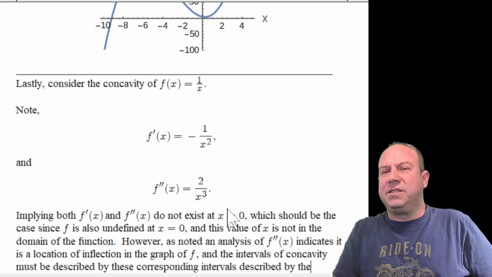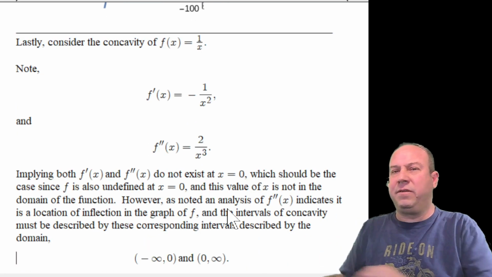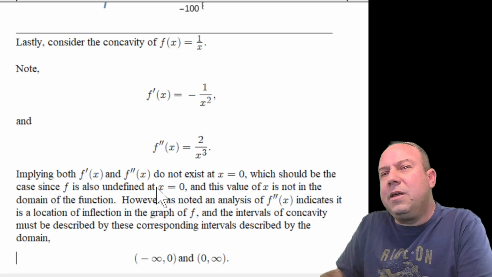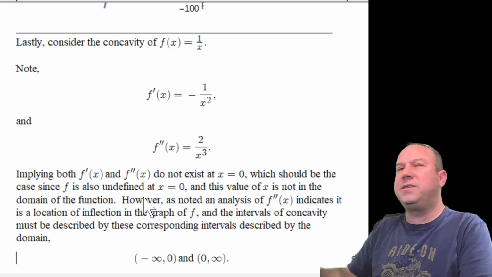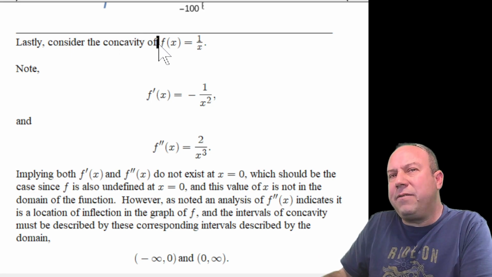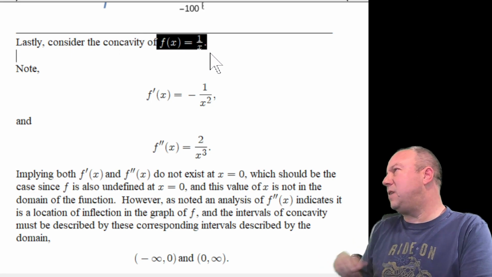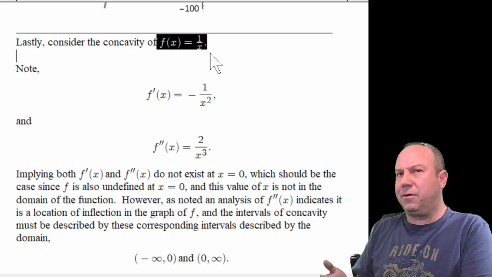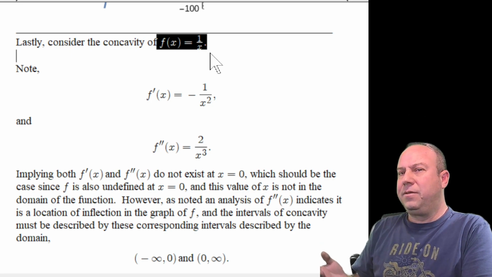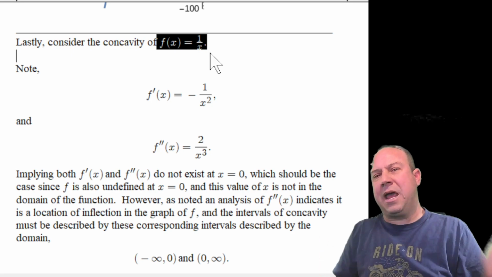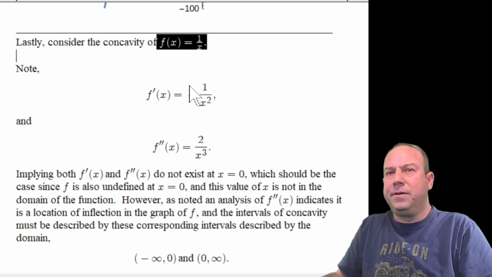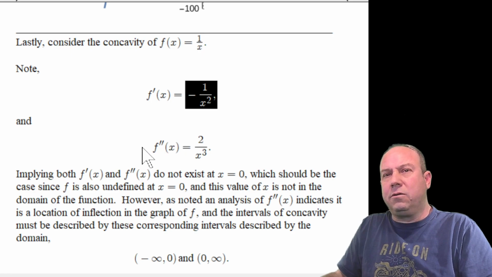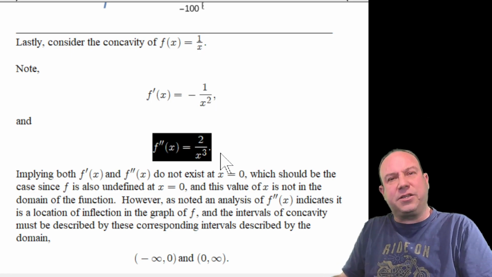So x equal to 0 becomes a location of inflection, and it should be at least a critical location, because in the domain of our function, if we go back and note, it's actually not in our domain either. The domain of our function is actually from negative infinity to 0 and from 0 to infinity. And at that point, we do have a critical location because it is an inflection location.